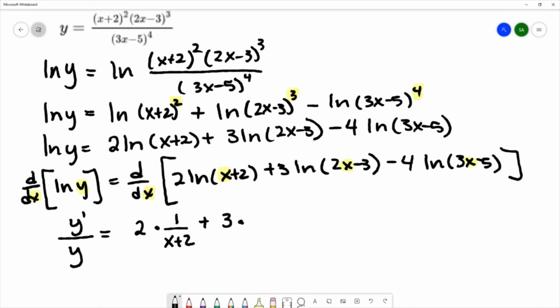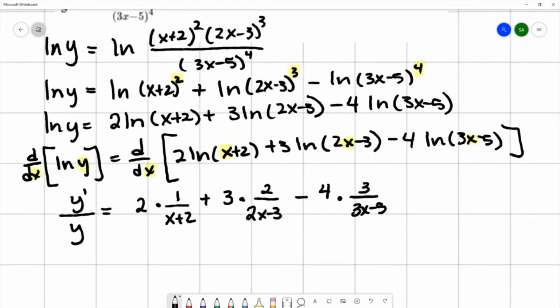So the derivative of 2x minus 3 is 2 over the inside of 2x minus 3. Carry down that constant multiple of minus 4, and I'll multiply by the derivative of the inside. The derivative of 3x minus 5 is 3 over the inside of 3x minus 5.